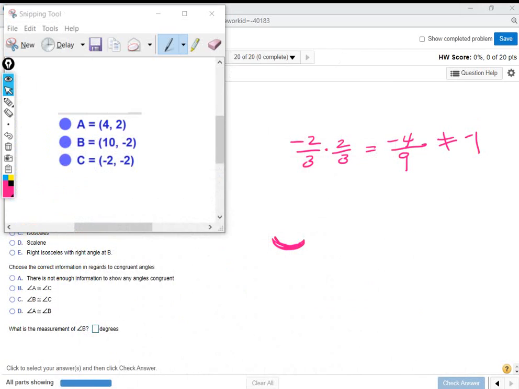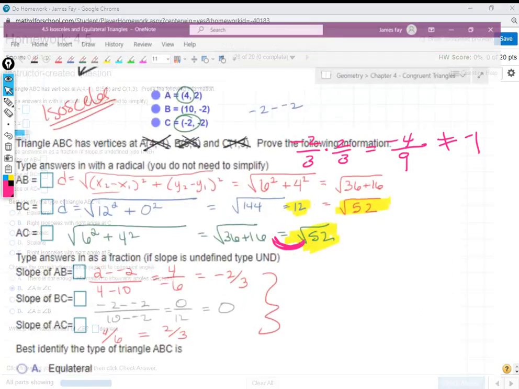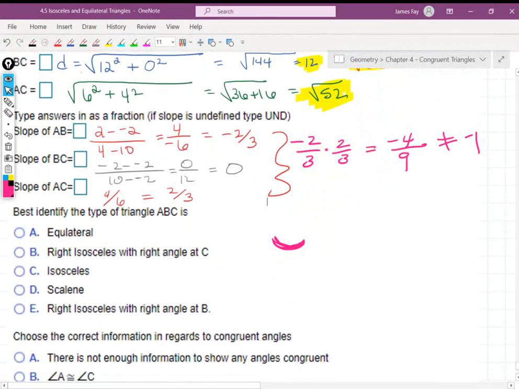So when we go down and are asked these final questions, the best way to identify this type of triangle: we know it's not equilateral because we found two different distances, radical 52 and 12. So it's not equilateral. Is it isosceles? It is isosceles, so maybe we could say that right away.